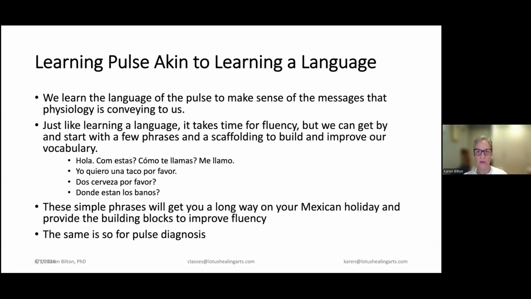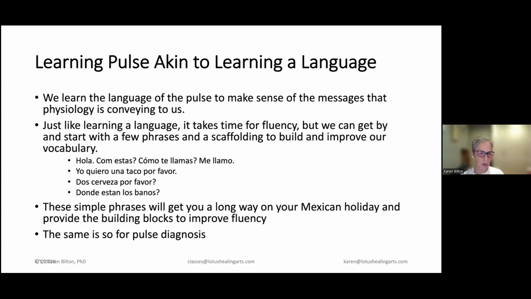Now, learning pulse diagnosis is akin to learning a language. Think about the pulse as a language that the body uses to transmit the messages of physiology. And just like learning a language, it takes time for fluency, but fluency comes in stages. If you go on a holiday to a Spanish speaking place, say Mexico, you need to be able to say, hello, how are you?